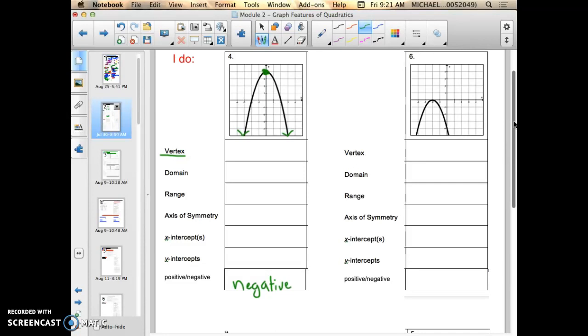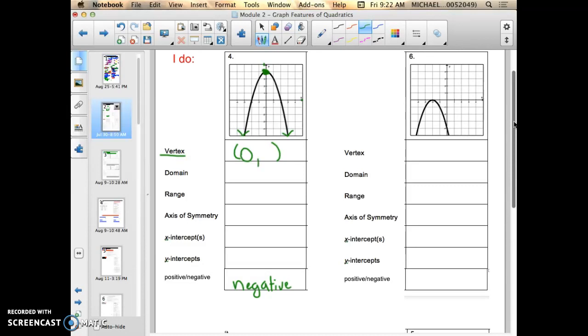So this vertex is, if you notice, it doesn't shift horizontally. This is the y-axis right here. This is the x-axis. It doesn't shift horizontally at all. It's sitting on the y-axis. And any x value on the y-axis is 0. And if there's no shift horizontally, I know that it didn't move, so the x value of the vertex is 0. But the y value of the vertex, let's count up.